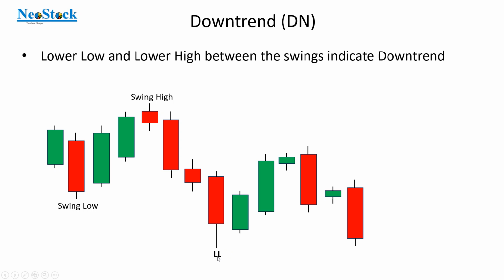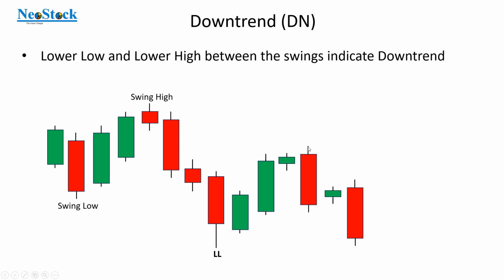LL we got. Now exactly the same way, compare the next swing with the previous swing high. What is previous swing high? This is the one. What is the present swing high? This is the one. This is the previous swing and this is the present swing. When comparing the present swing high and the previous swing high, is the present swing high lower or higher?